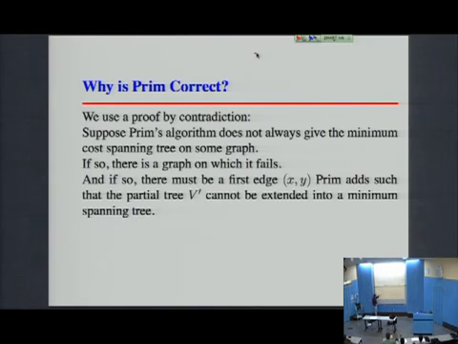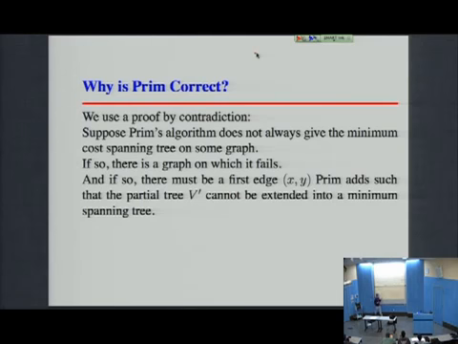There was this tree that was made partially of edges I picked and edges after it said I went wrong. When I added back the edge that they told me went wrong, that created a cycle in the tree. Note that if I add back my edge and remove any edge on the cycle, the tree is going to stay connected.